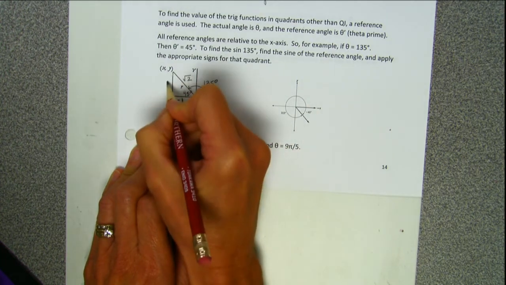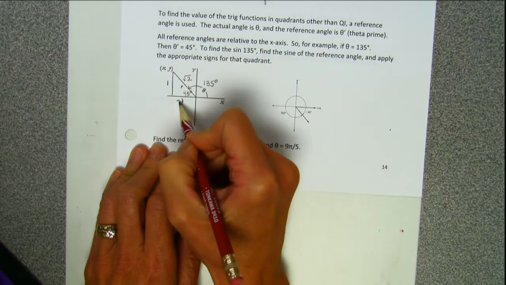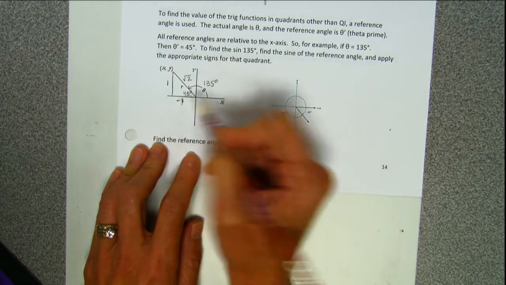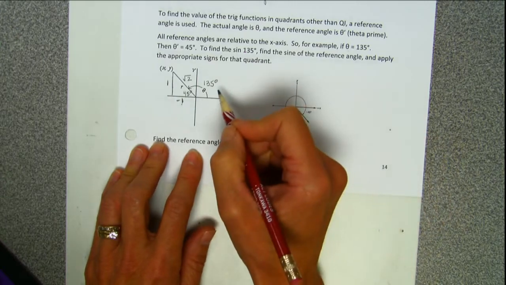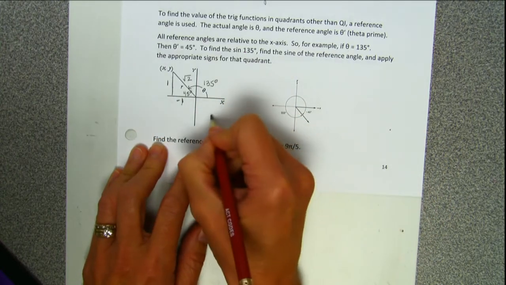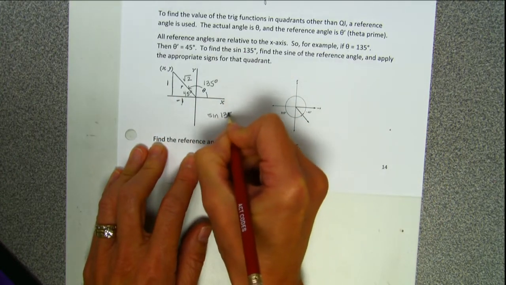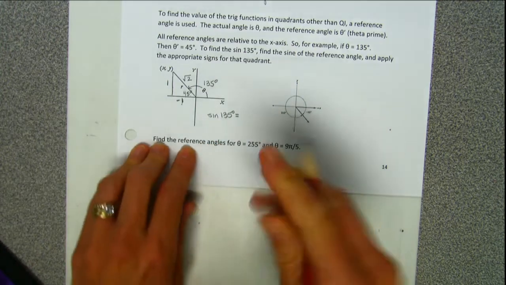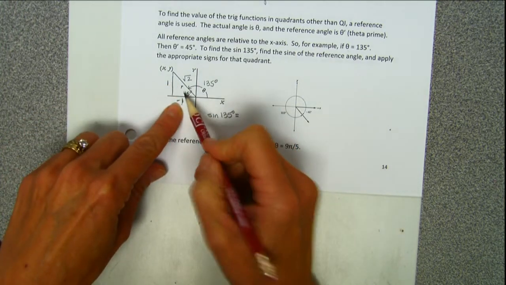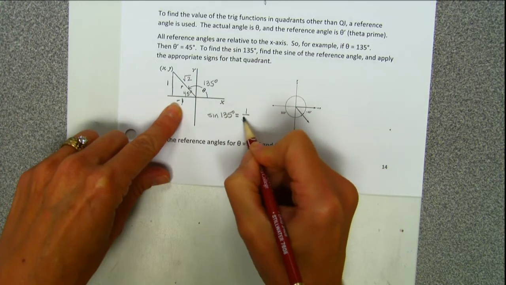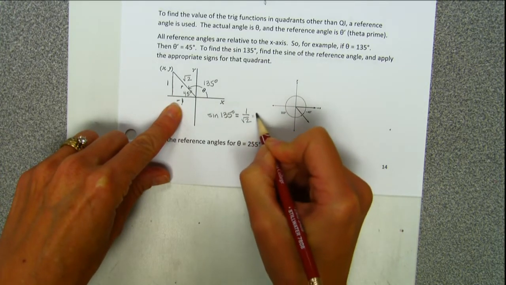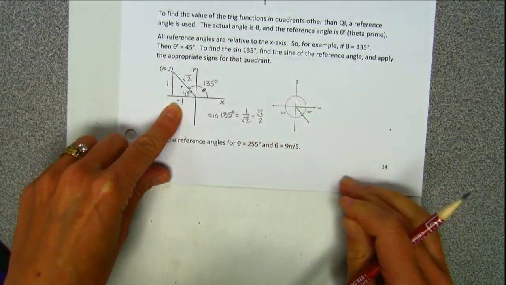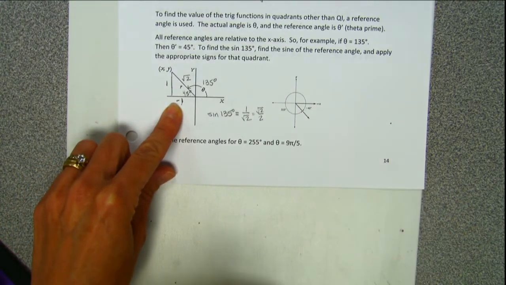So taking the signs, S-I-G-N-S, the positives and the negatives, into consideration, if I wanted the sine of 135 degrees, I'm going to use my reference angle and I'm going to say, ooh, it's opposite over hypotenuse. It's the same as if it were in quadrant 1.